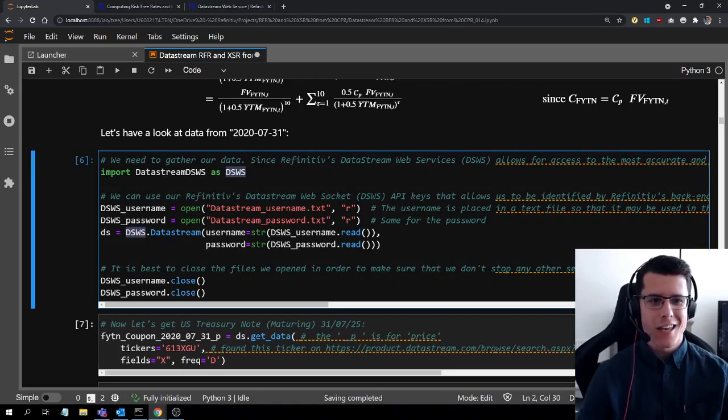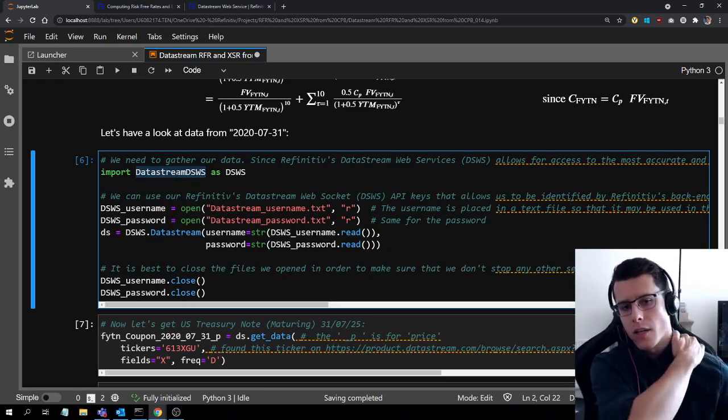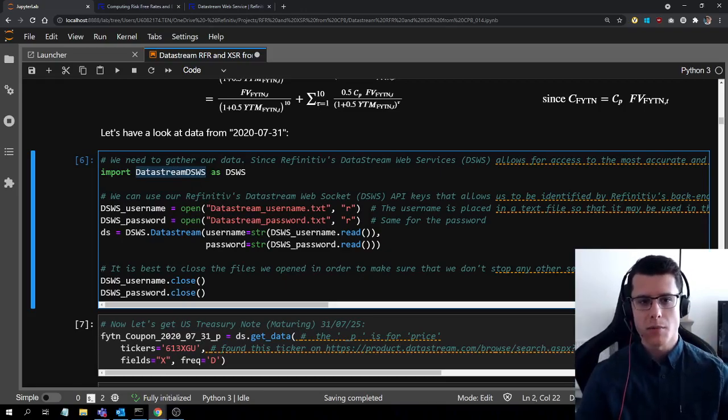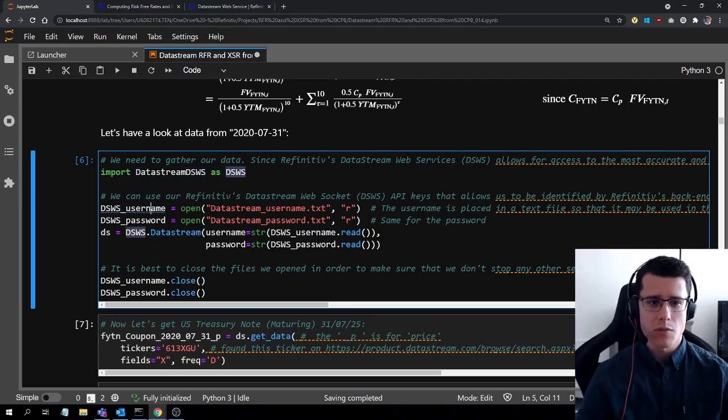Here we've got our data provider, so that's Datastream, and Datastream has a Python library called DSWS. And I don't want to write Datastream DSWS every single time I call for information on the API, so I import it as DSWS. Once I do this, I have to authenticate myself to the DSWS, and I do this with a username and password.